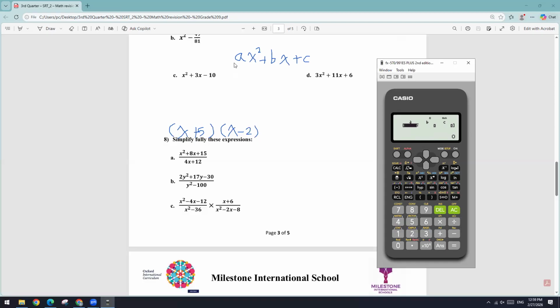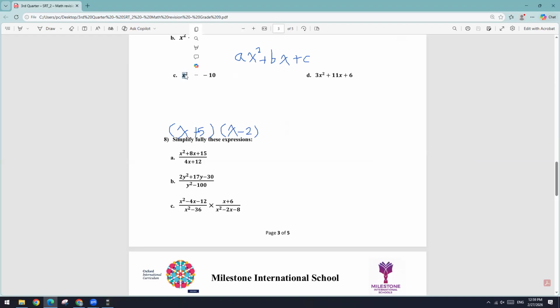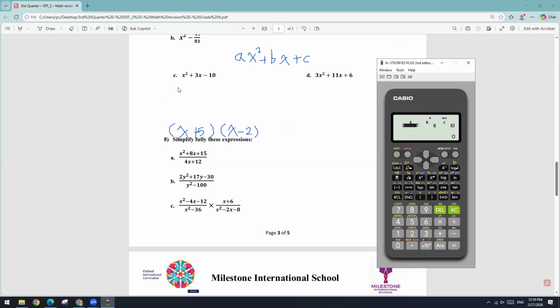A is the coefficient before x squared. What do I have before x squared? You might say there is nothing, but actually there is a hidden number, which is 1. I have 1x squared, but we don't write it. So on the calculator, you click 1, and then equal.